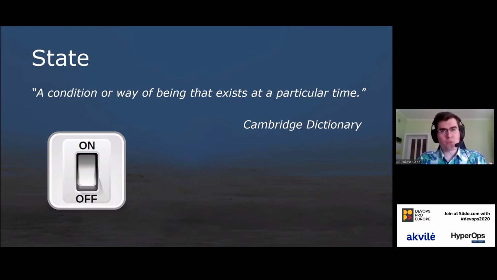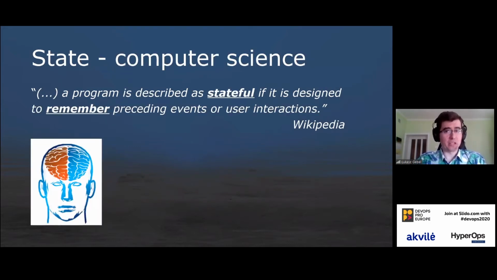And natural ideas are usually moved to the computer science world. So how can we understand state in computer science? According to the definition, a program is described as stateful if it is designed to remember preceding events or user interactions. So the remembering, the brain part of a program, is a crucial part in this understanding.